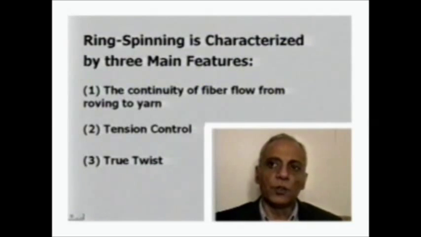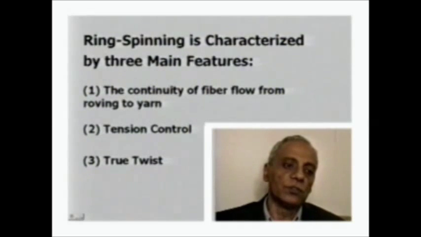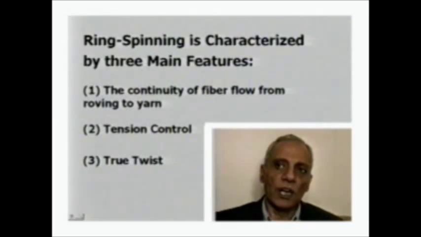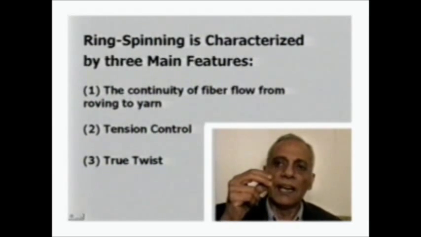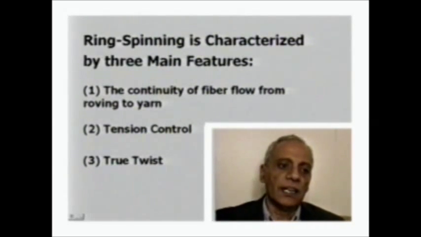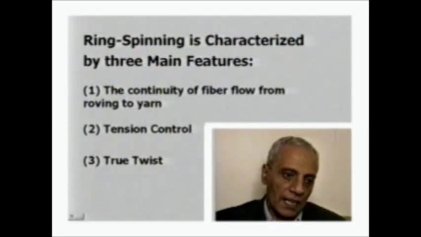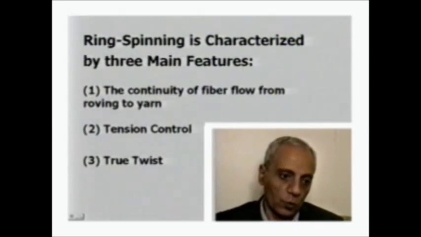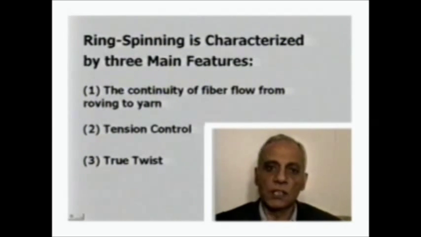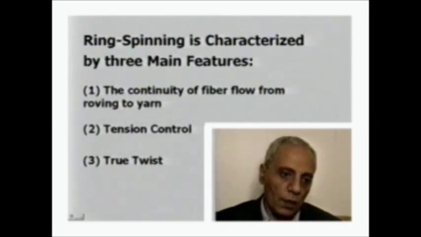As I said, in order to apply a good mechanical twist, we have to hold one end momentarily, and we have to rotate the other end. And if we can achieve that tension control, then the twist will be a true twist, and that gives us the option of controlling the level of twist.